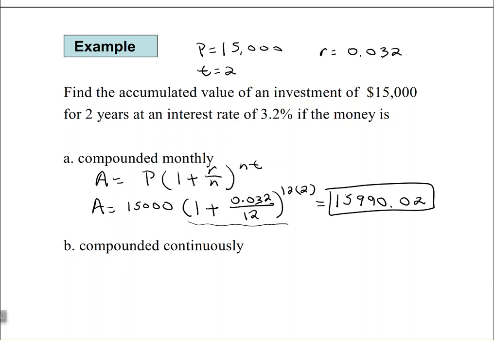Now if it's compounded continuously, let's compare and see the difference between this amount being compounded monthly or continuously. Compounding continuously, we use the formula A equals P times e raised to the power of rt.